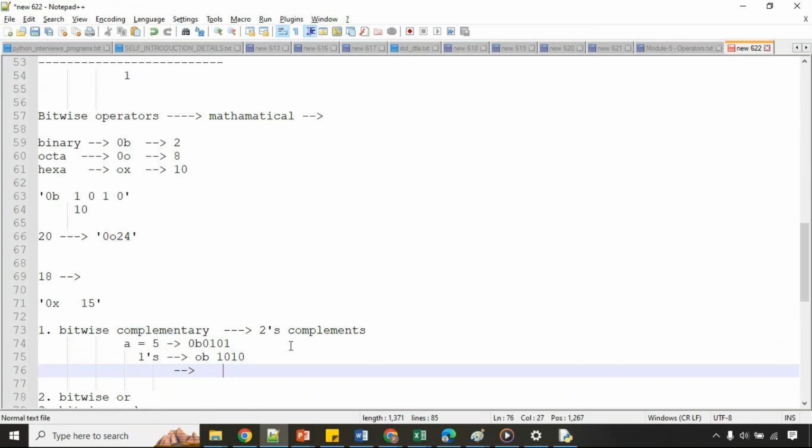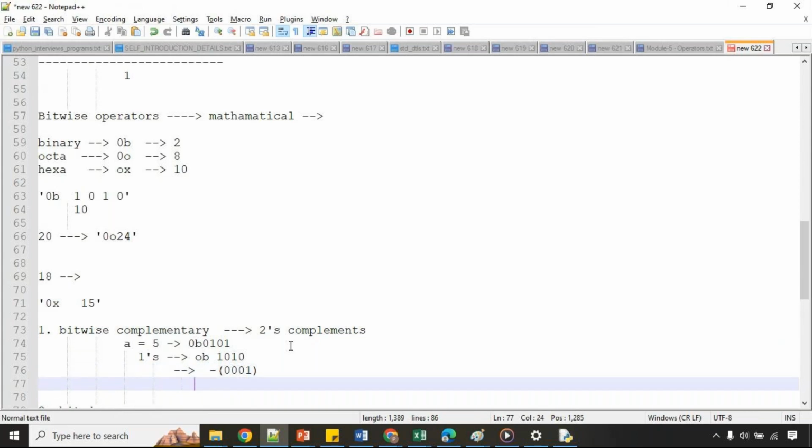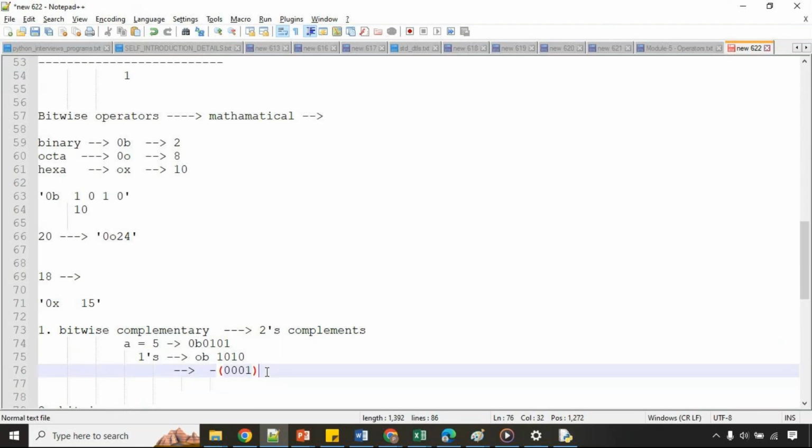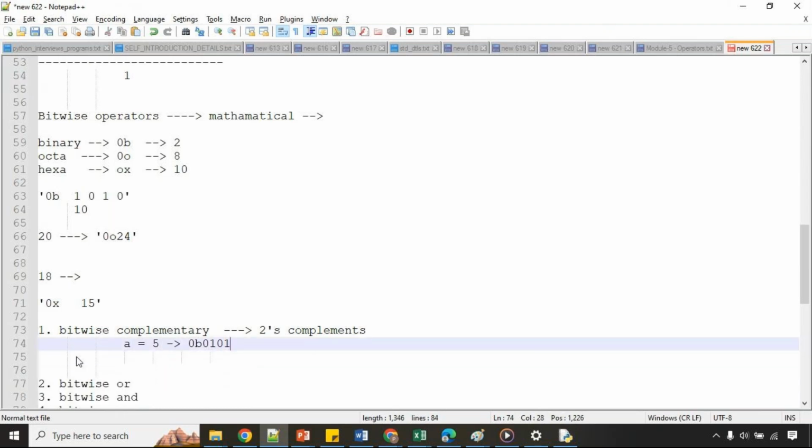So minus of 1 we have to add. So this one we can check it later. Two's complement, so minus of n plus 1.